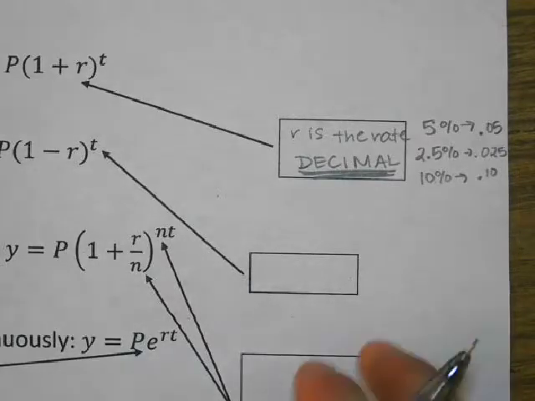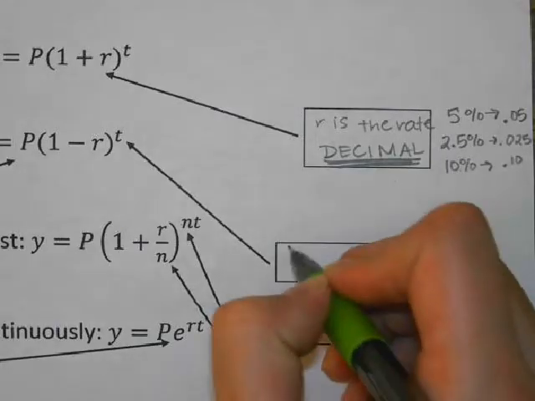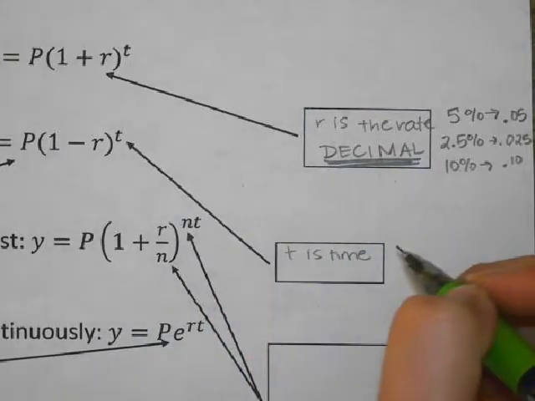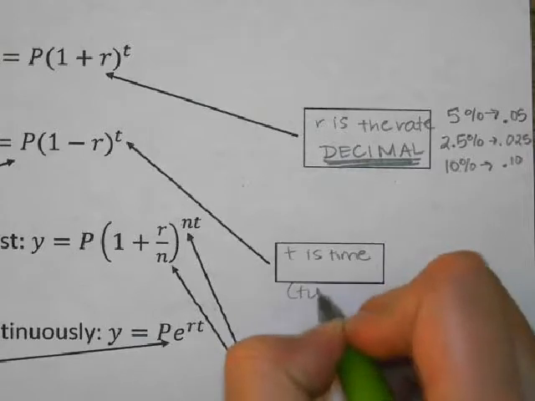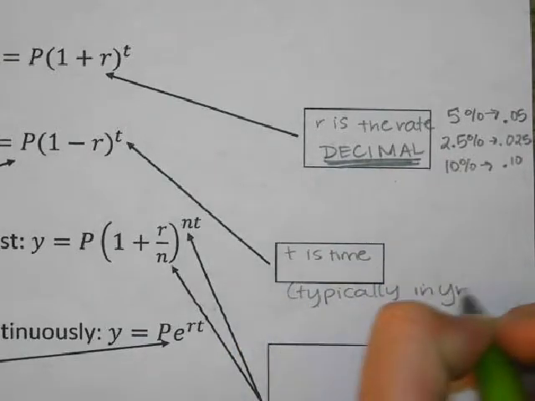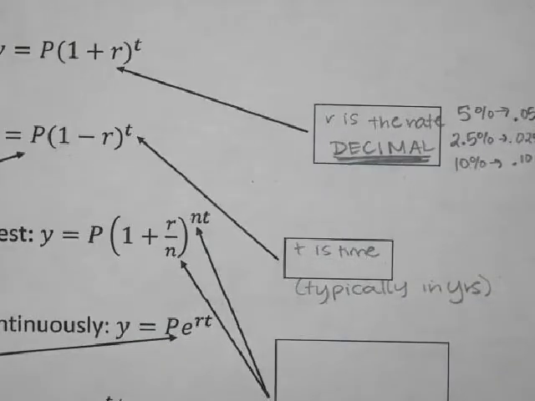The exponent T is time, and the time is typically in years. Most problems will be in years. Every so often they say months or days, and you'll know the whole problem is in months or the whole problem is in days.